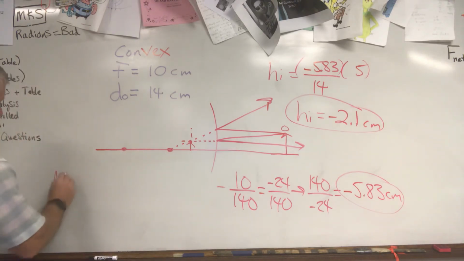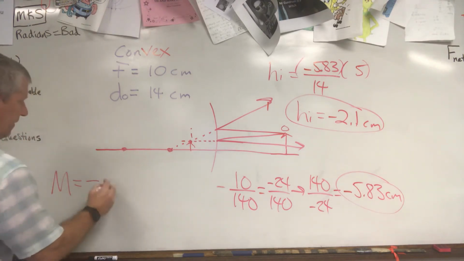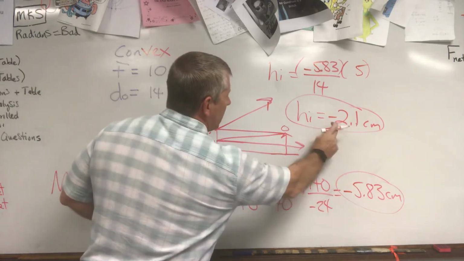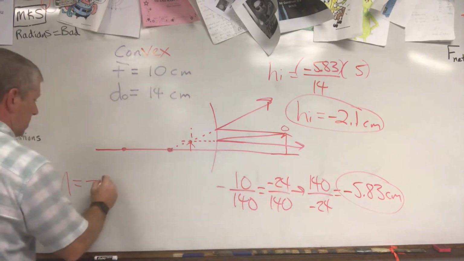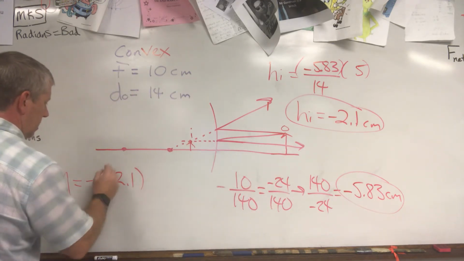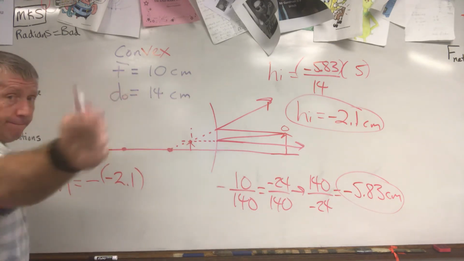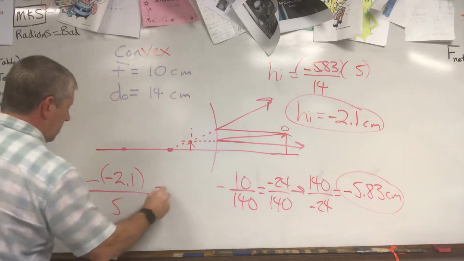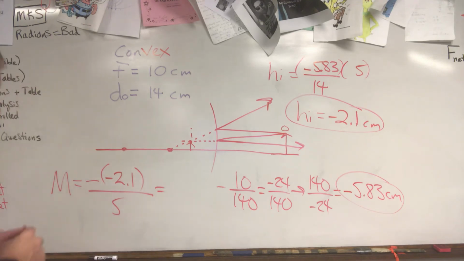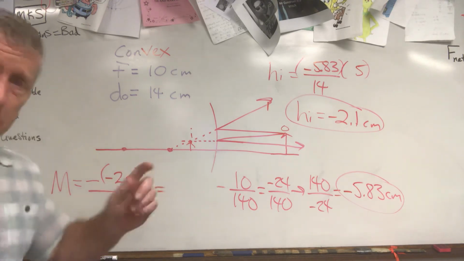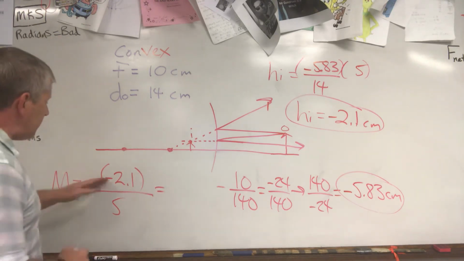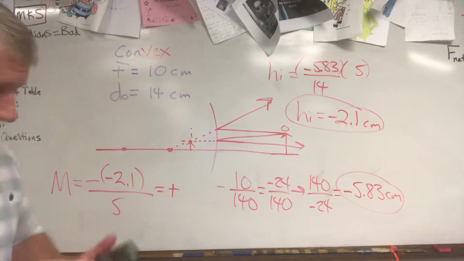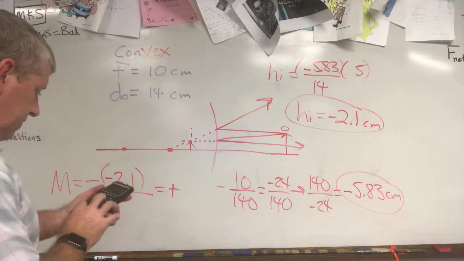So m equals negative hi over ho. Negative hi, negative 2.1. Okay, negative negative, positive, over 5. So if I divide that out, I get about 0.4. It's going to be a positive value, about 0.4, but let's get an actual value here.